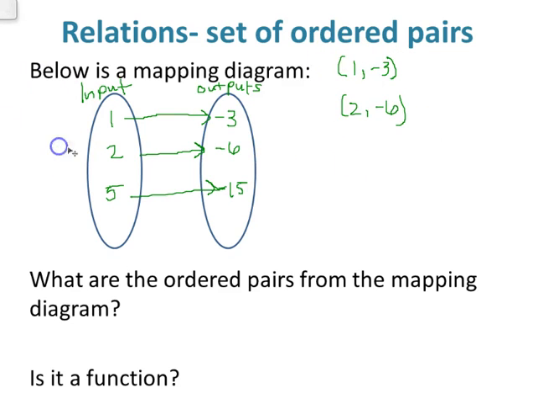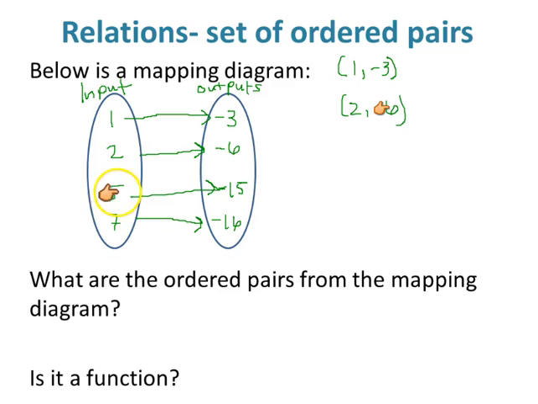So I got you guys going on the ordered pairs. I want you to tell me, I told you the first 2 ordered pairs. I already gave you this right here, the input goes with that output, and it would create the ordered pair of 1, -3. The input, remember, always represents your x values. So 2 goes with -6, so the ordered pair would be 2, -6.